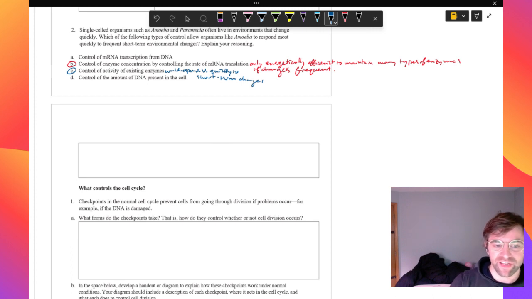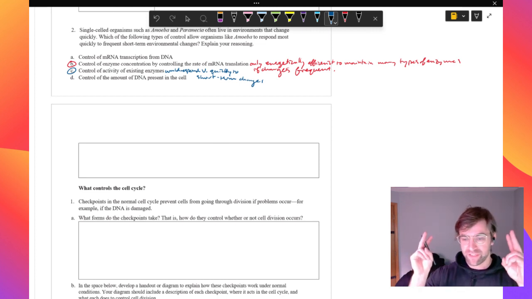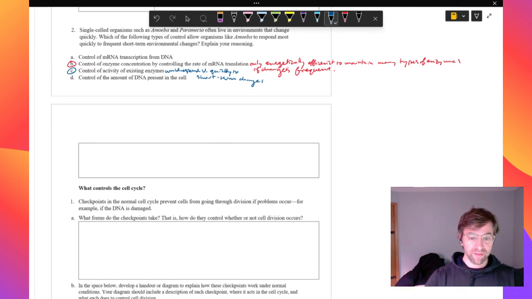So in general, answers to this question will vary depending on how frequently the changes occur and how one defines short term. For example, overall, controlling the activity of existing enzymes allows the organism to respond very quickly to short-term changes in environmental conditions. Right? However, maintaining a number of different enzymes in the cell constantly is energetically efficient only if the short-term changes occur frequently over time.